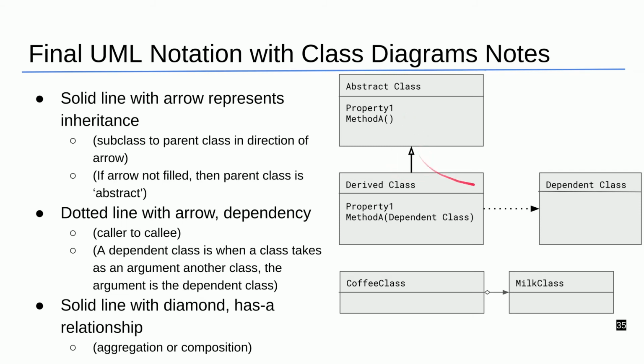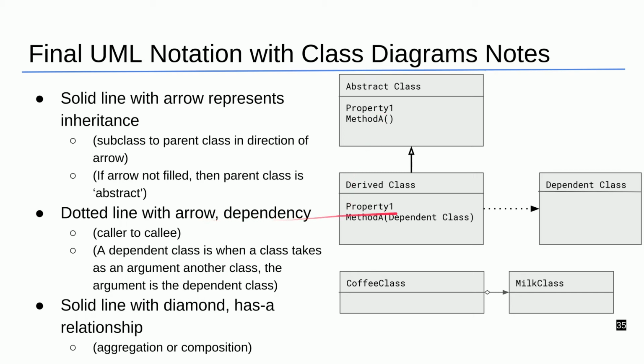So here's inheritance here, and this example here. Subclass to parent class is in the direction of the arrow, so that means derived class from the parent class. And if the arrow is not filled, so this one's not filled, that means this is a totally abstract class. Okay, so these are all purely virtual functions here.